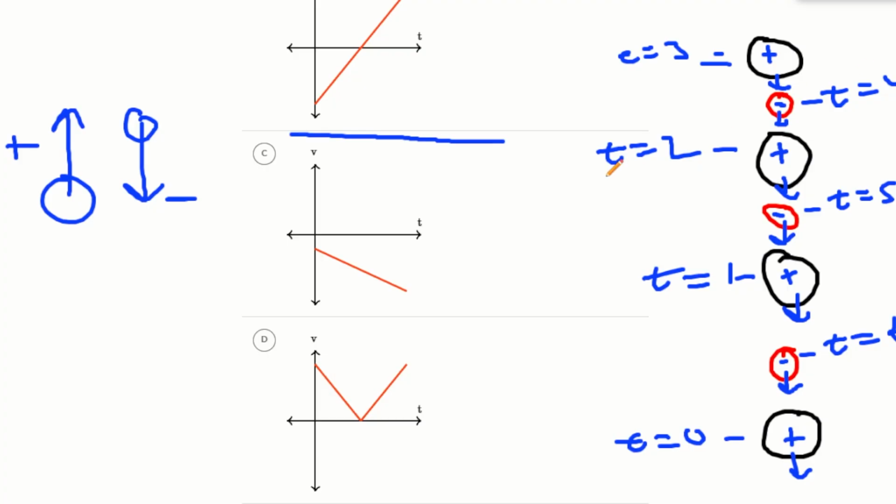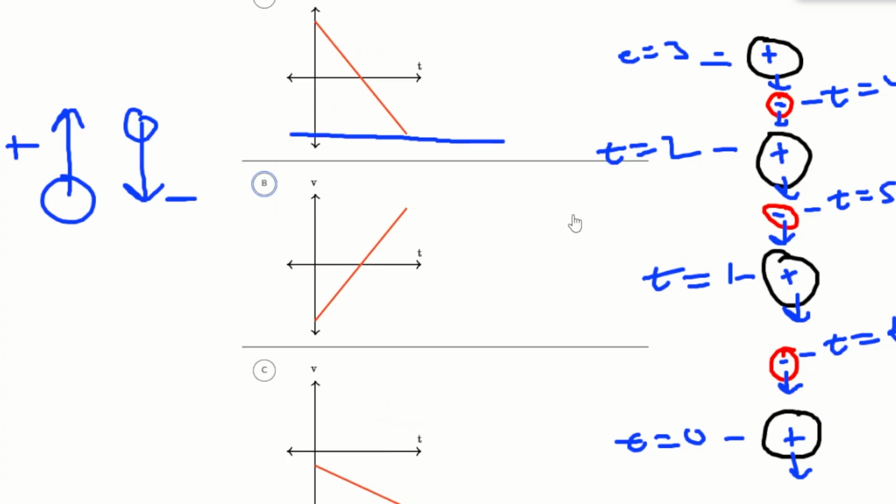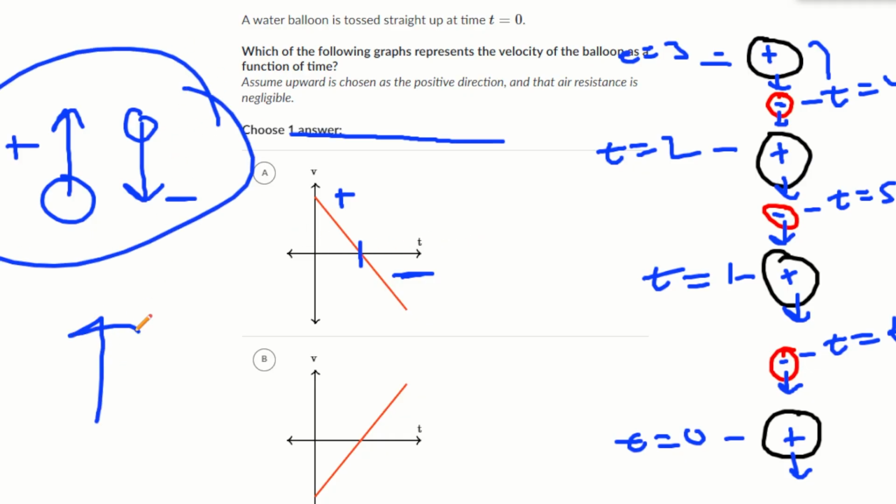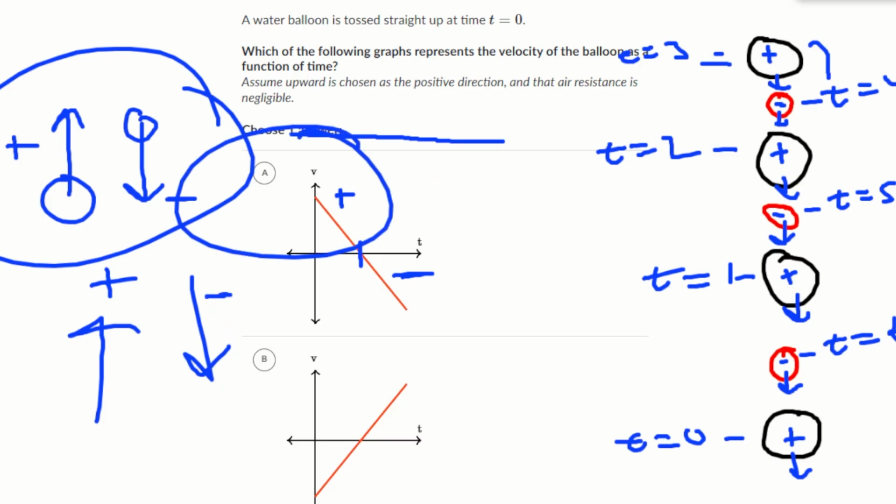Looking at choice A, we can see that it's positive on the way up, and right here, when it flips and starts going downwards, it's negative. And that is what we're looking for. Something that goes upwards in the positive y direction is positive, and something that comes down in the negative y direction is negative. So that leaves us straight to our answer, choice A.